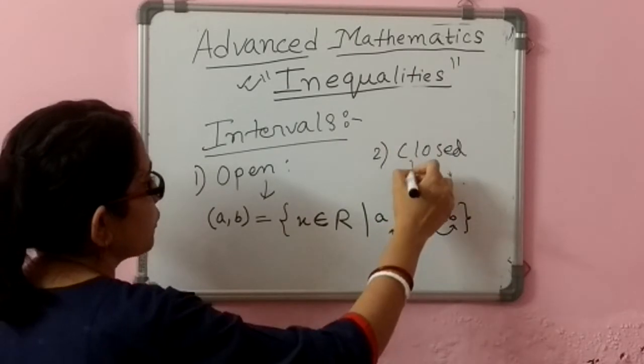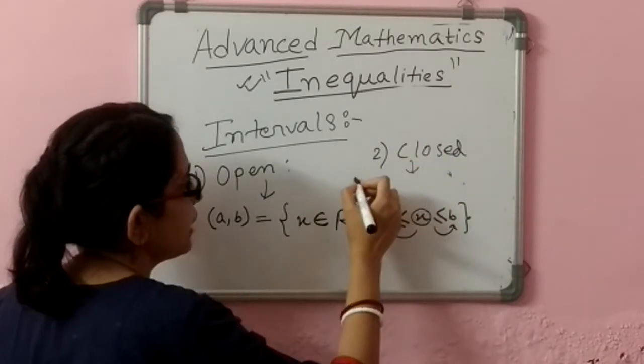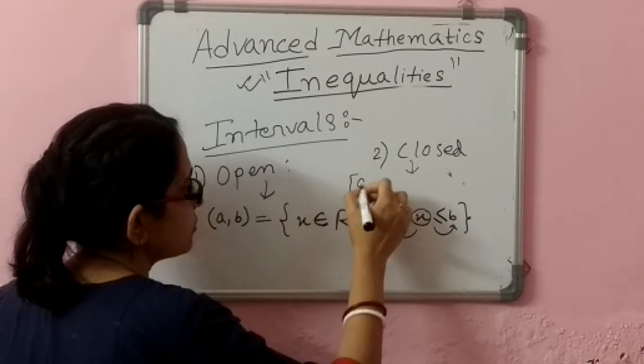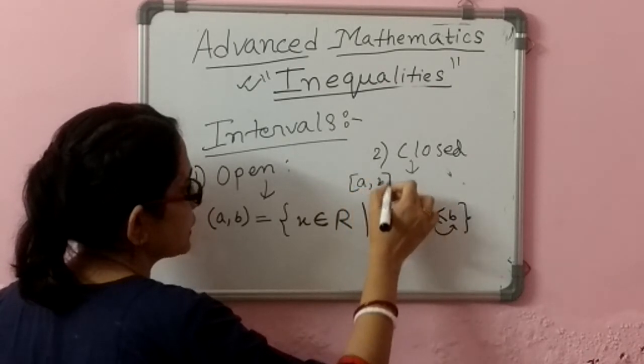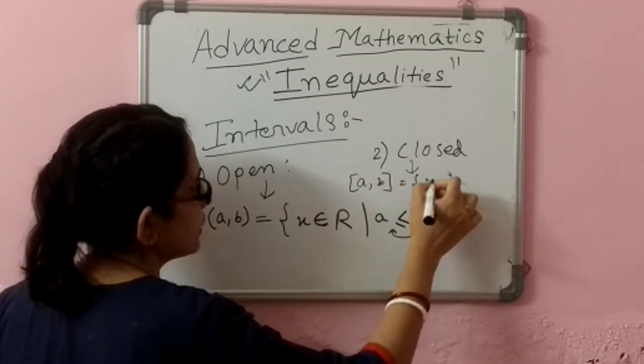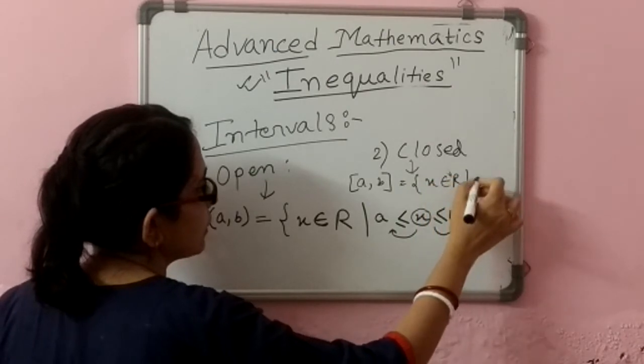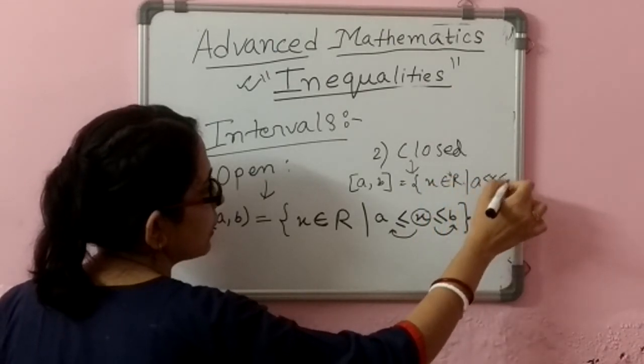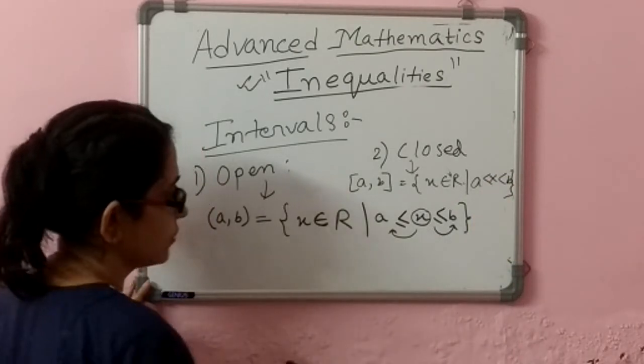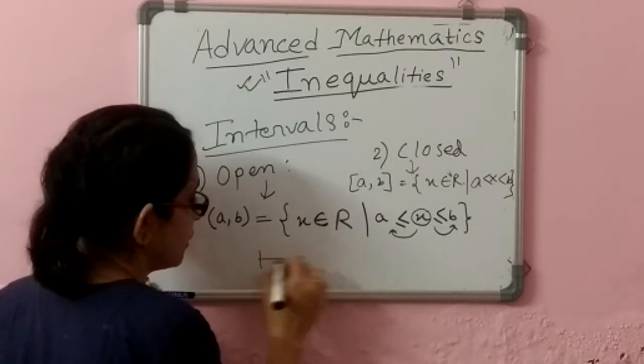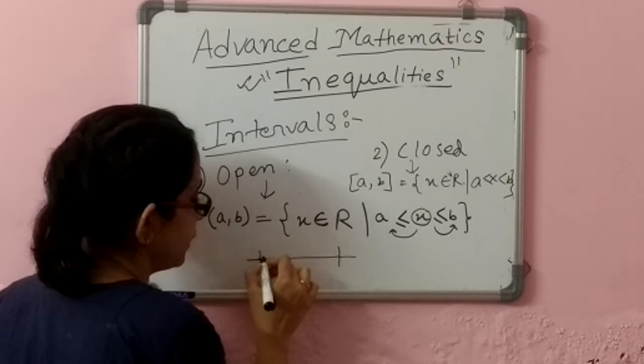Now, what will be the closed interval? It is represented like this. Fine. Here, actually, we draw it like this.